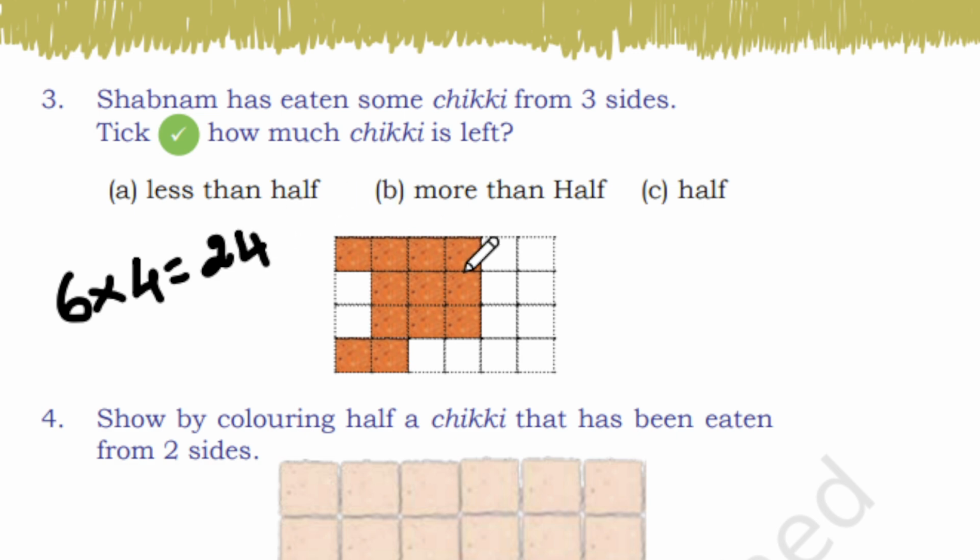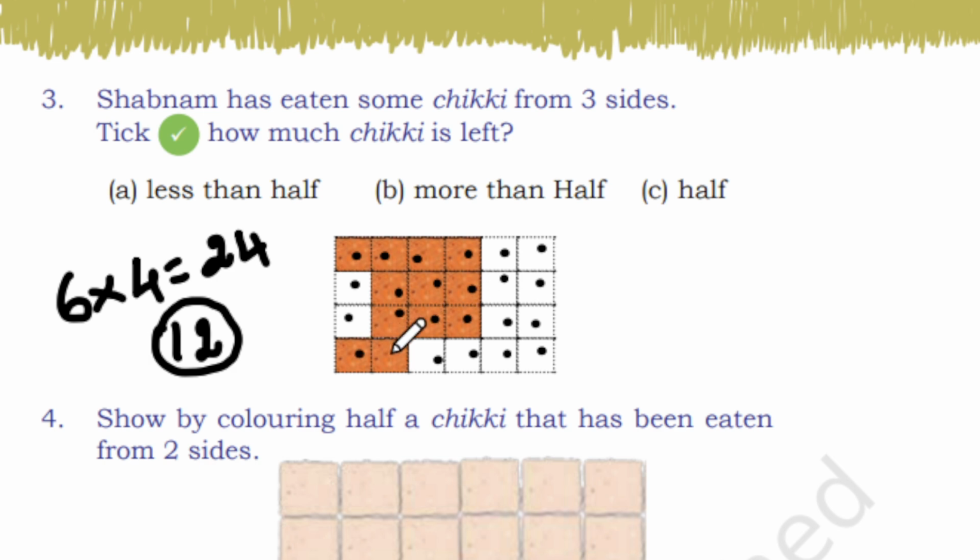Okay, first let's count how many chickies have been eaten. 1, 2, 3, 4, 5, 6, 7, 8, 9, 10, 11, 12. So 12 have been eaten. And how many are left? 1, 2, 3, 4, 5, 6, 7, 8, 9, 10, 11, 12.